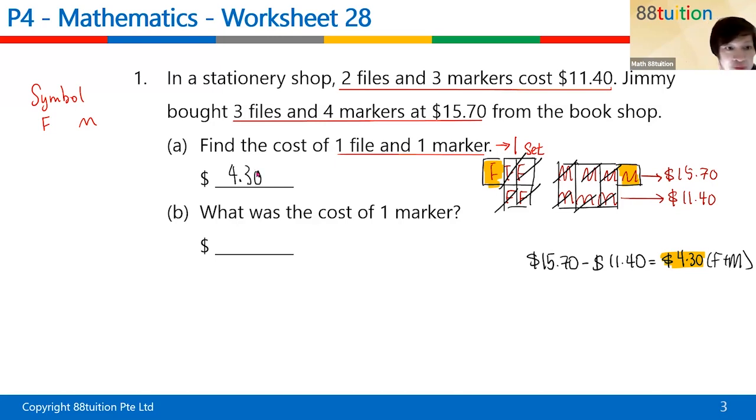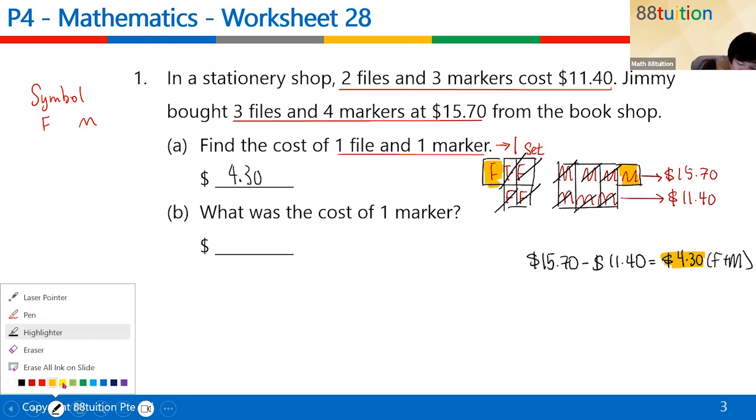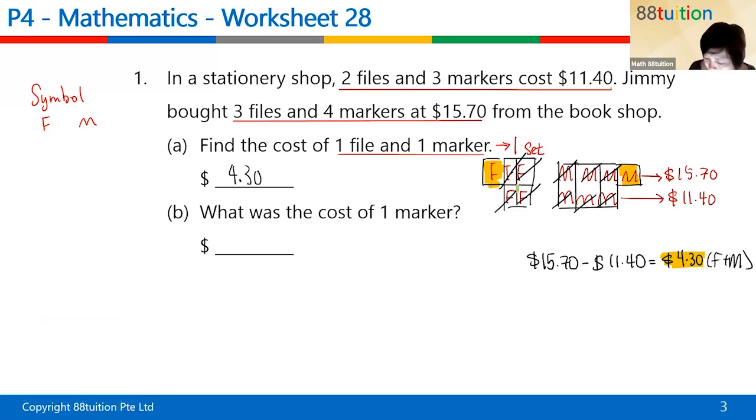Okay. Then for the next part, we want to know how much is the cost of the marker. Okay. Now, can I say one set will cost $4.30? Like just now, I put the color in, right? So if my highlighter, I change it to green, this pot, can I say for here and here, what does it cost? $4.30, right?